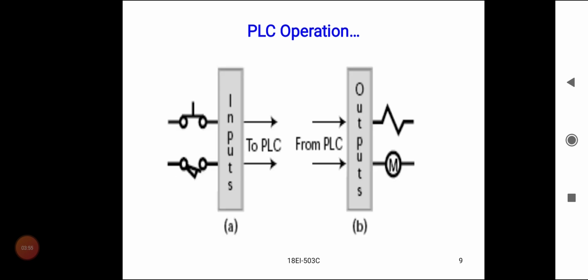The push buttons, sensors and switches are connected to the input module. The input modules are connected with opto isolators to the PLC. From the PLC, the output modules are connected to the output devices, motors, power devices, on-off devices, etc.